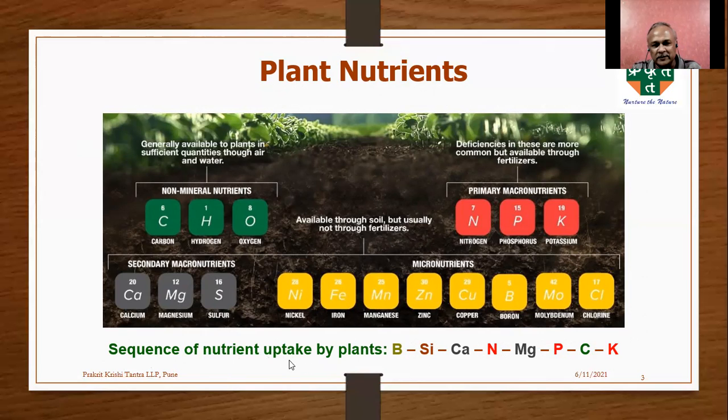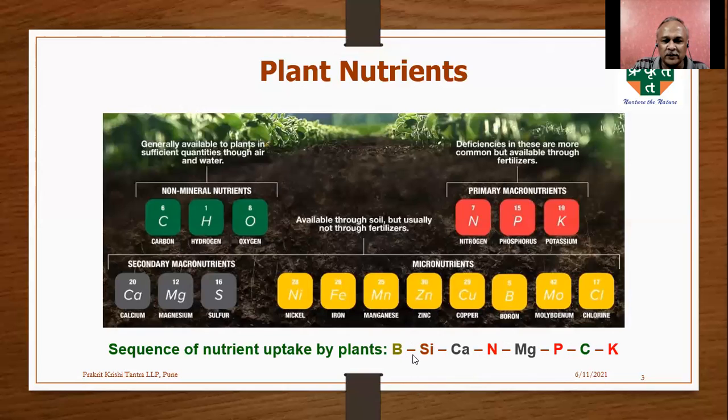Without uptake, utilization is not possible, that's why I have mentioned uptake here. All are taken in different forms, but together. It's not that a plant requires nitrogen, so it will take only nitrogen, or requires iron, so it will take only iron. It's all required collectively, and at different stages of the plant, different quantities are required. How it happens, I'll also discuss further.